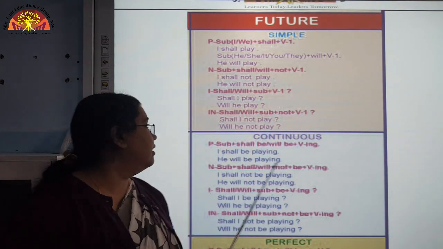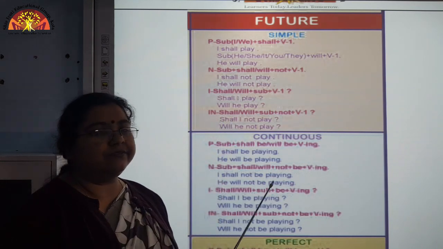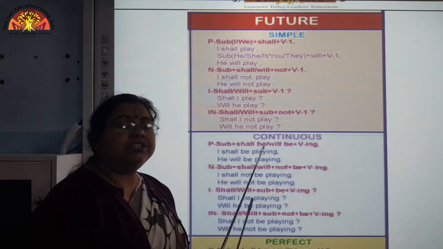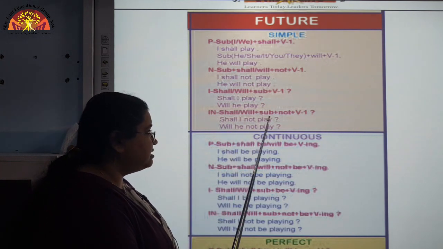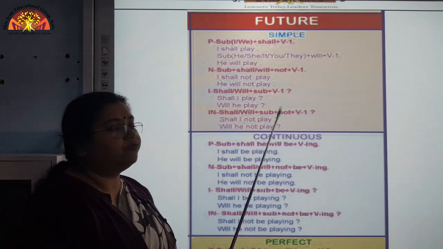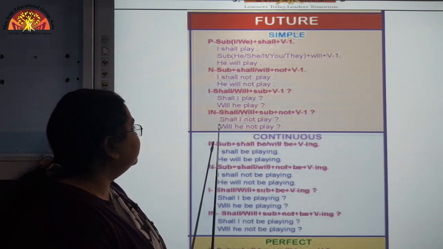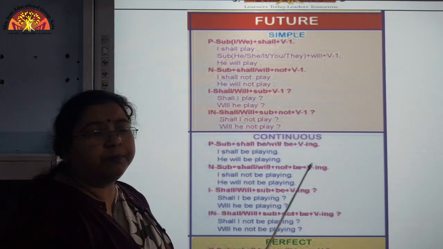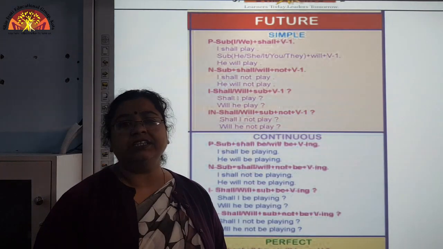Like this. Now, interrogative negative sentence, here again the sentence will start with shall or will plus subject plus not plus verb first form. So, the sentence will be, shall I not play? Will he not play? Will she not write a letter?